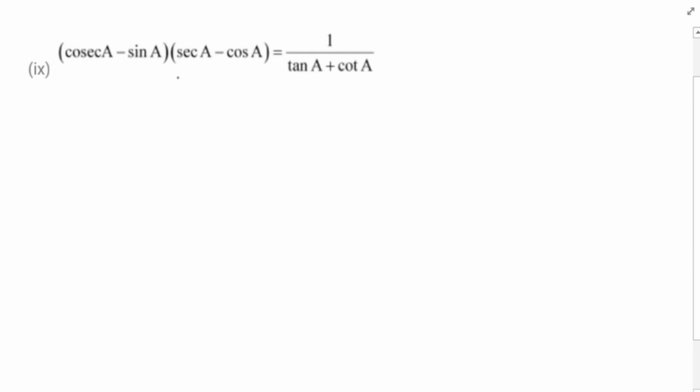(Cosecant A minus sin A) into (secant A minus cos A) equal to 1 divided by (tan A plus cot A). Consider LHS: (cosecant A minus sin A) into (secant A minus cos A).